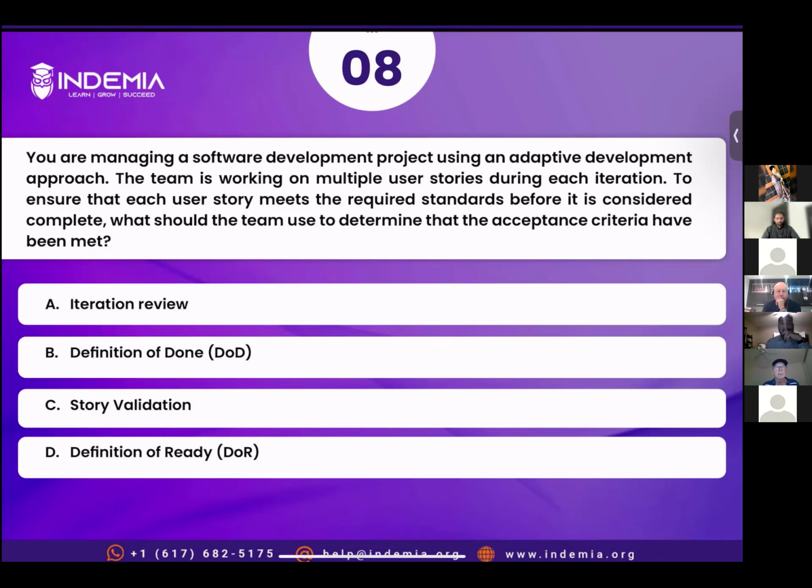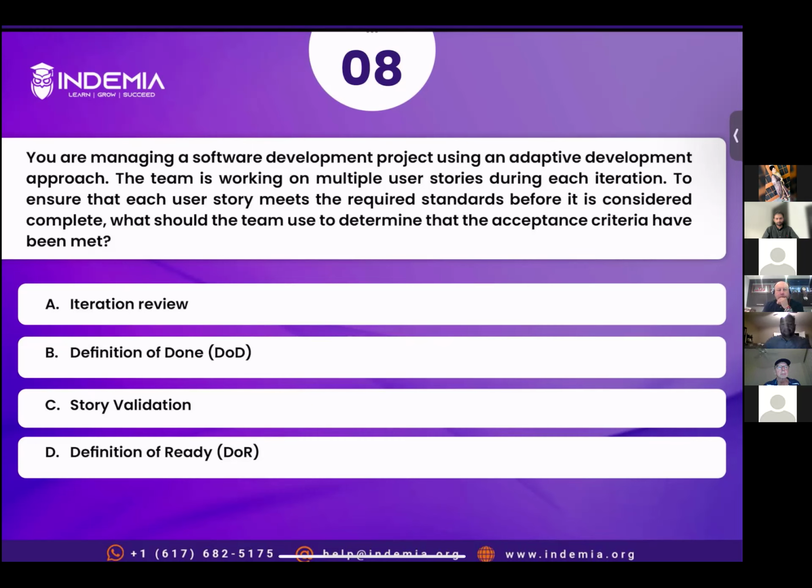All right, Mohan, you have chosen option B. Yeah, I chose option B, definition of done. It's the internal team that is trying to determine whether the acceptance criteria for the iteration has been met, right?